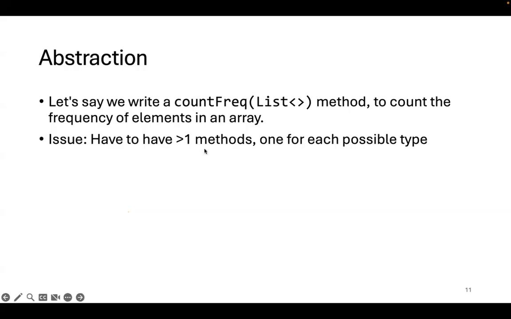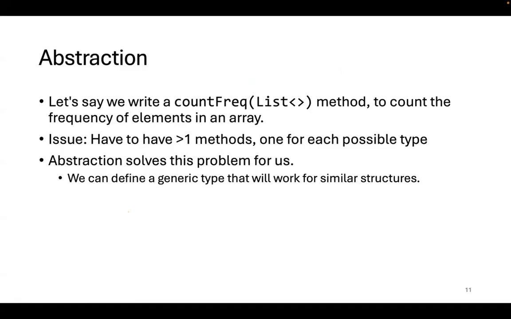But that's fine for a sentence, but what if we've got a list of integers? Or what if we have a list of something more complicated, like a list of houses? How many times does one house appear? You need to have more than one method in order to have methods for all these possible types, right? Because you need to say in the parameters, here's what kind of thing lives in the list.